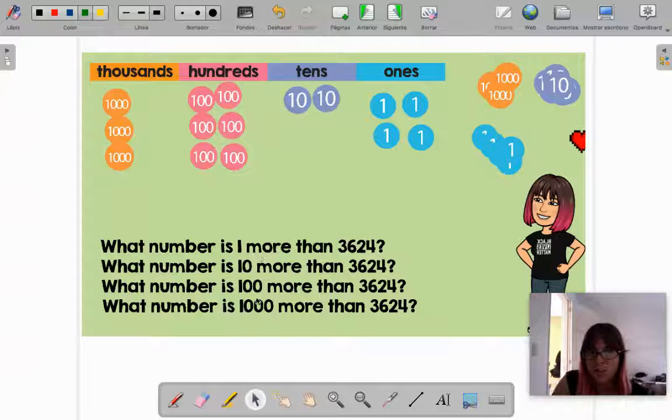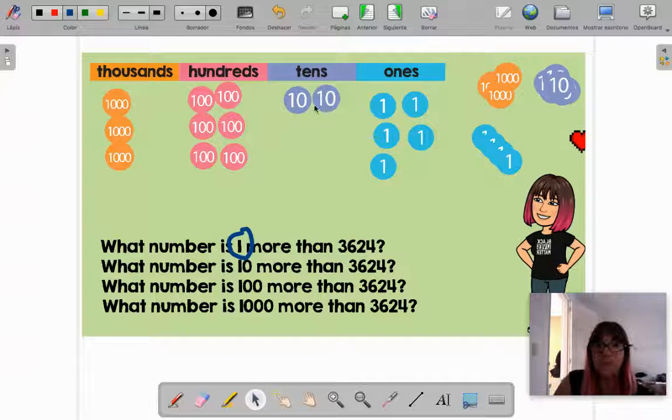If it says only one more, as you can see here, one more. That is, we are adding to the ones. Just one more. Let's bring one more. But now pay attention to something. If I bring one more, did we change the thousands? No, right? Did we change the hundreds?